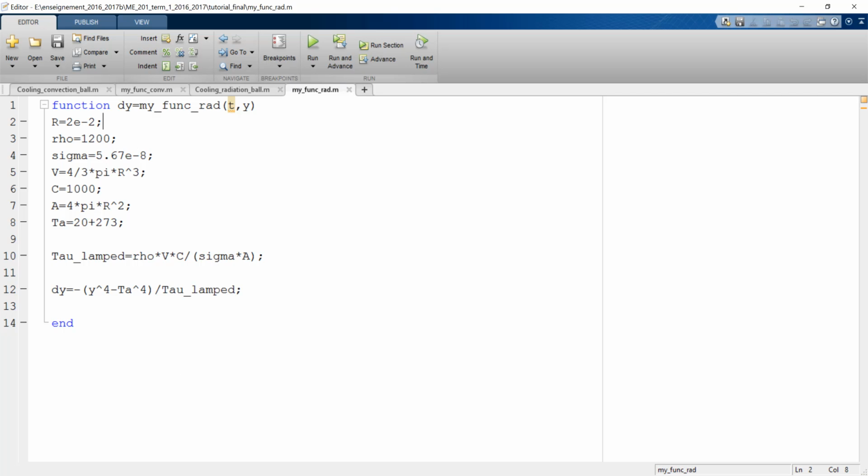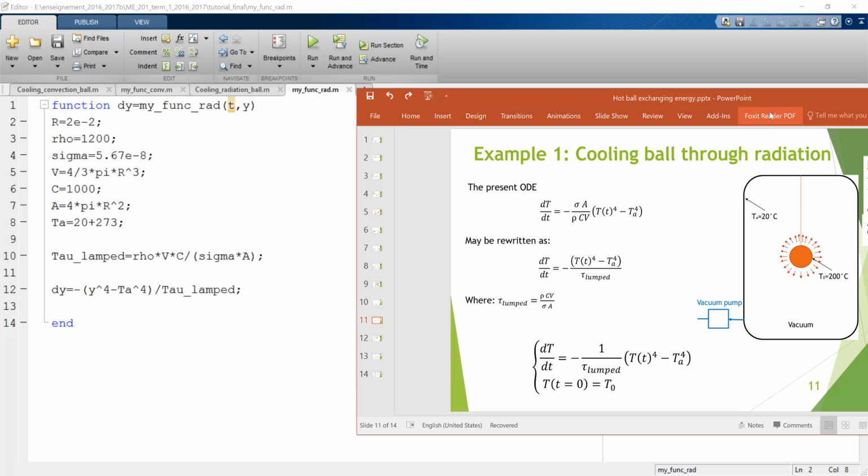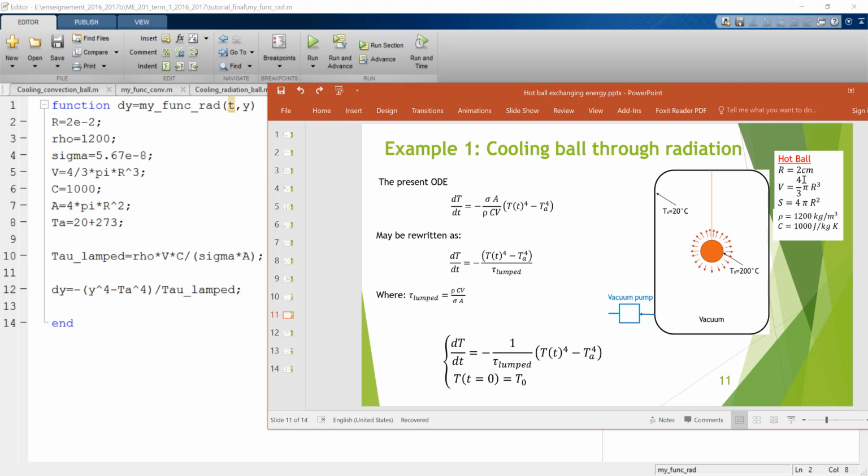The radius of the ball, as explained in the problem, is 2 centimeters, so 2 times 10 exponent minus 2. The rho, the density of the material, is 1200. Sigma, the Stefan-Boltzmann constant, is equal to 5.67 times 10 exponent minus 8.